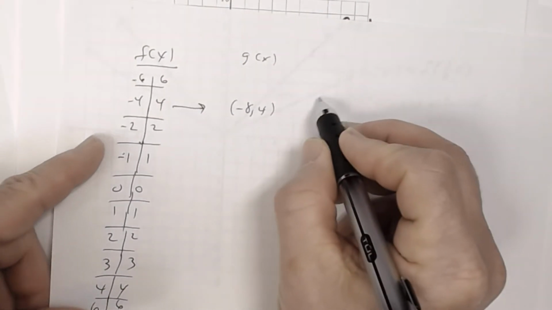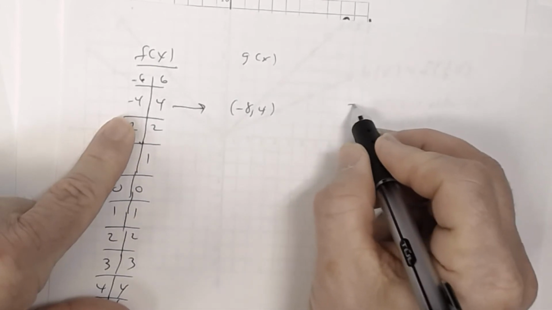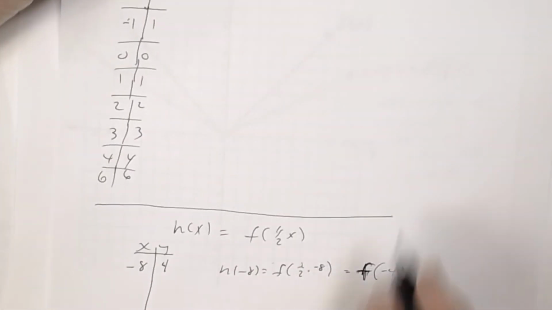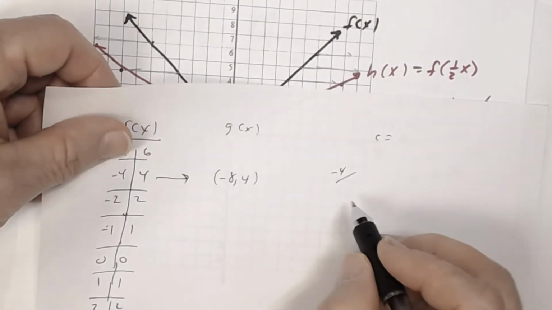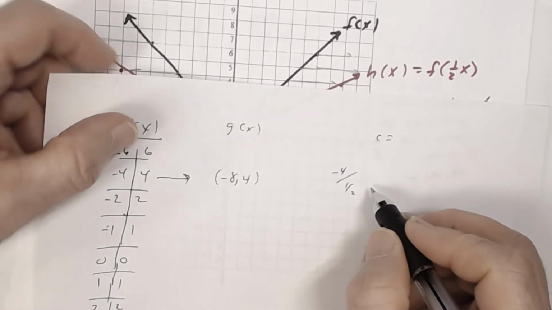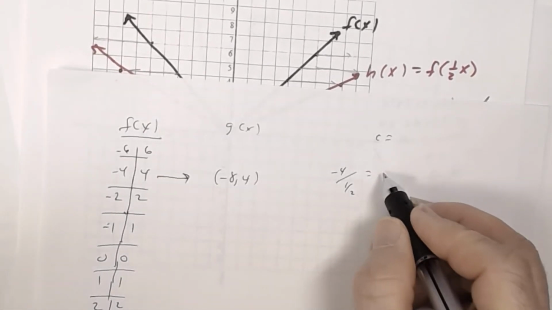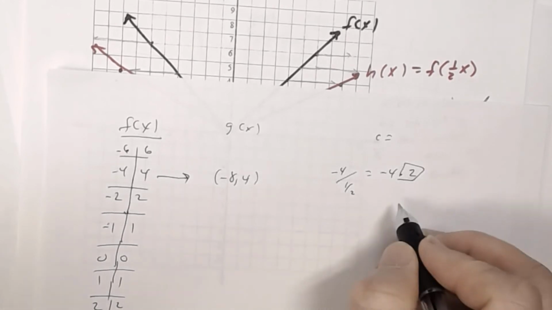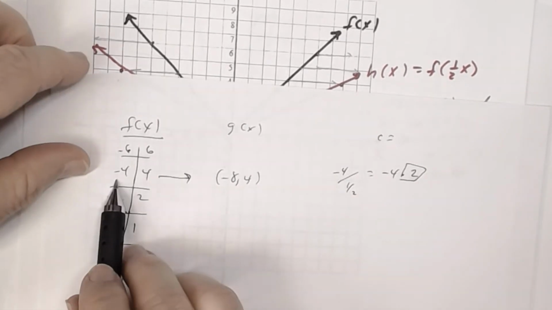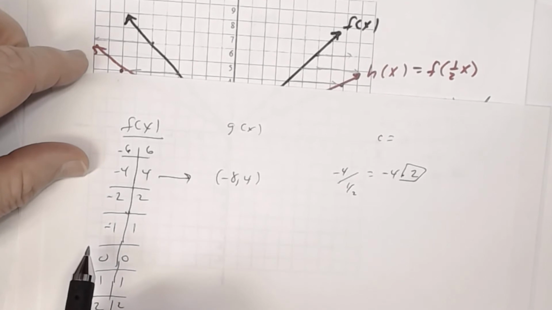If I take negative 4, divide by c, where c is a half, do y'all agree that's the same thing as negative 4 times 2? So you multiply by 2. Negative 4 times 2 is negative 8.